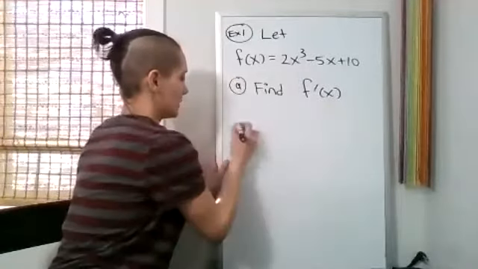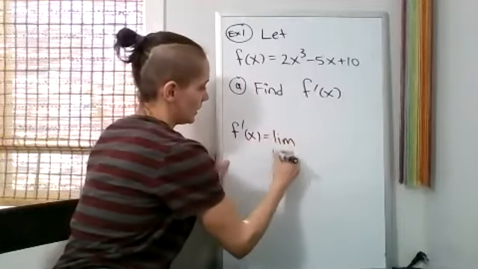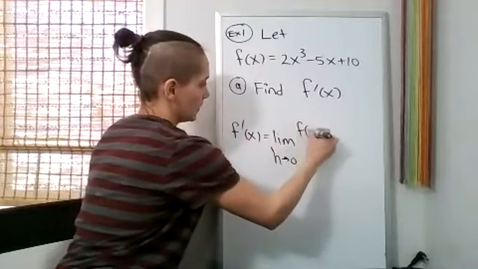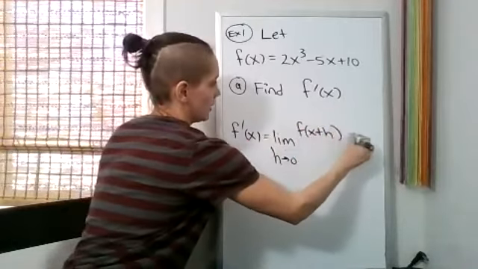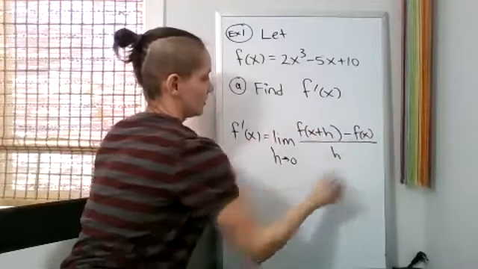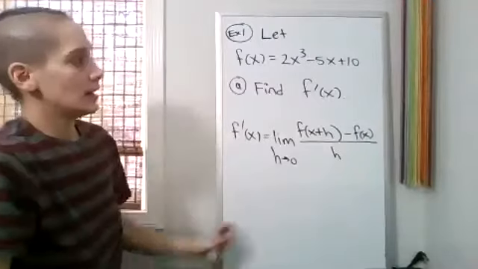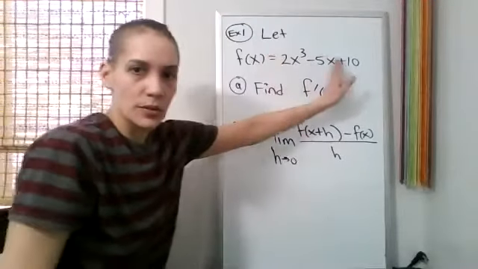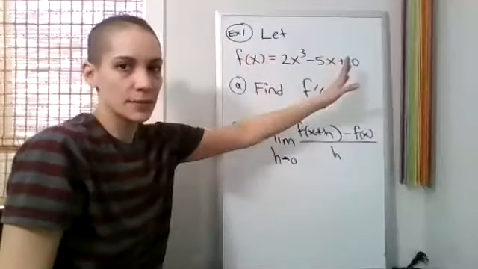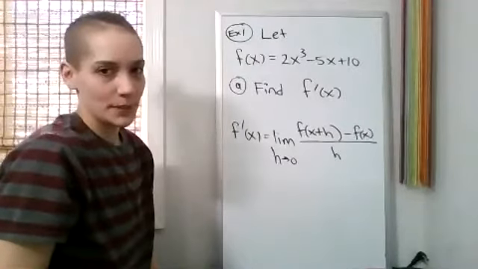So f prime of x is going to be the limit as h goes to 0 of f of x plus h minus f of x divided by h. So x plus h goes through the function and then subtract just the function itself. Okay, let's do this.